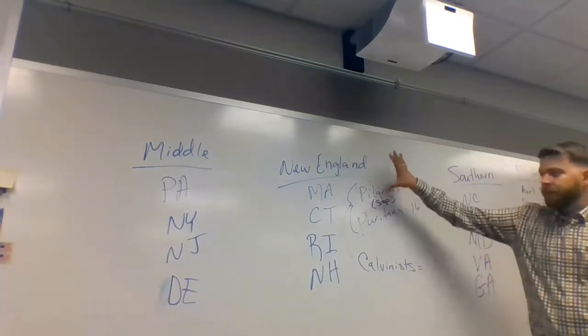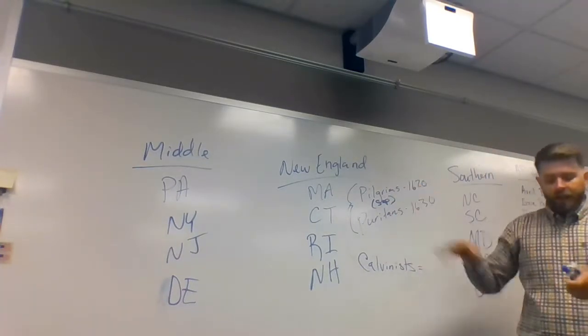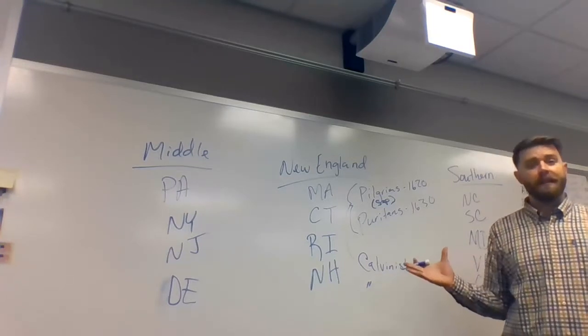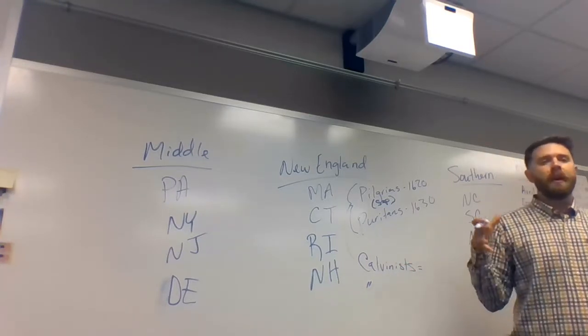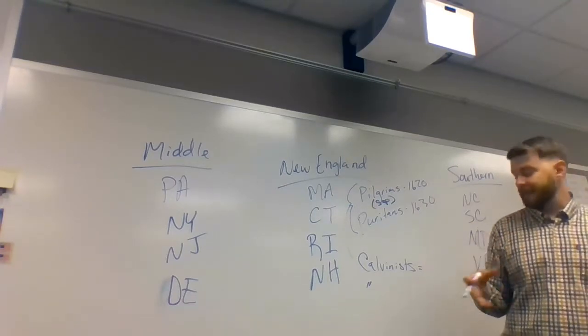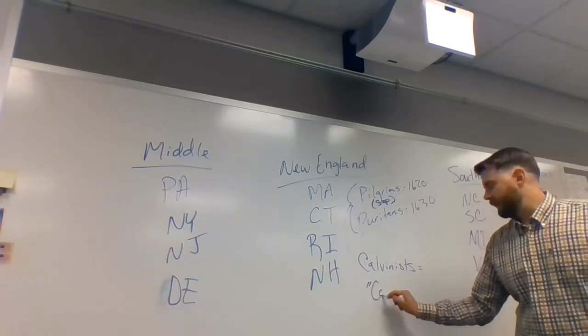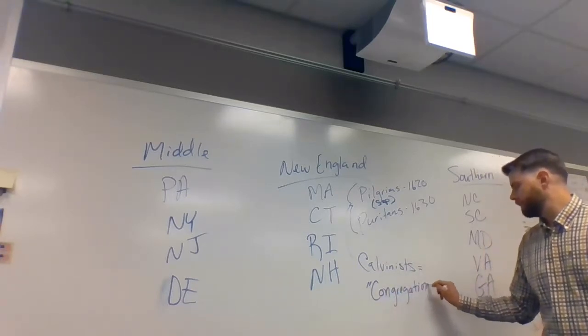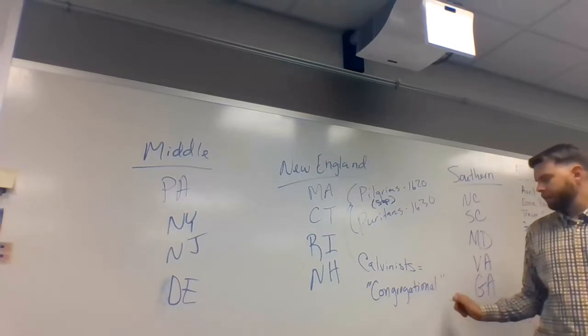The Calvinists of New England develop what becomes known, and here's your term, and they use it. In fact, this church becomes the established church, meaning it's being funded by taxes. It becomes known as the Congregational Church. Right?